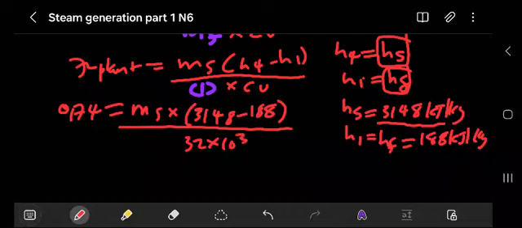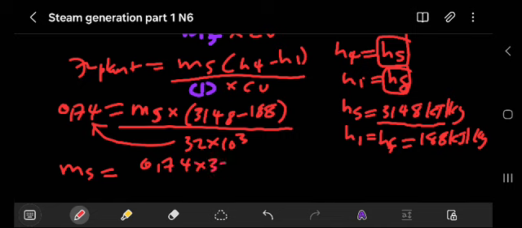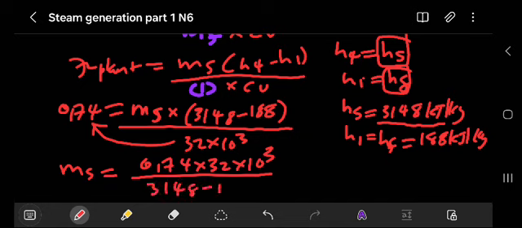So we're supposed to make the mass of the steam the subject of the formula. Apply the maths, you multiply there, then you divide by that. Mass of the steam will be equal to 0.74 multiplied by 32 times 10 to the power of 3 divided by 3148 minus 188.